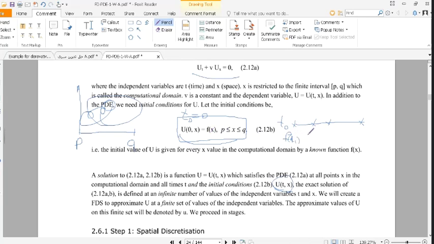The next point, the value of u is f of x2. The next point, we have f of x3. This means the value of u at t0 is not unknown, it is known. Is it clear? Have you understood?